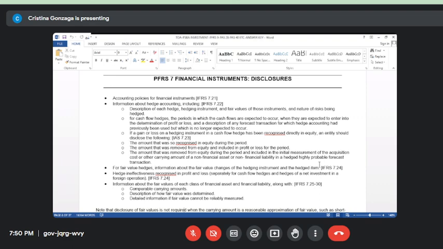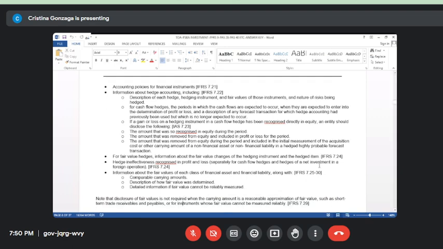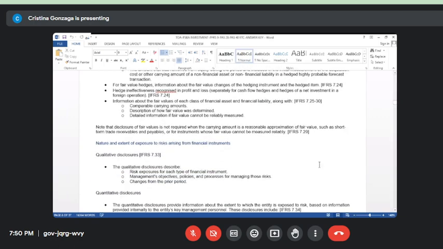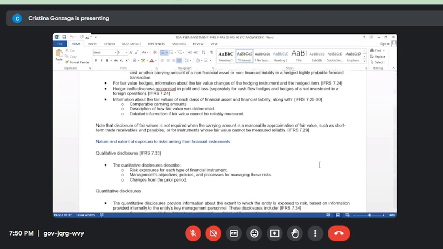And there are some more. So, information about the fair value of each class of financial asset and financial liability. Hindi basta-basta ang disclosures on financial instruments.